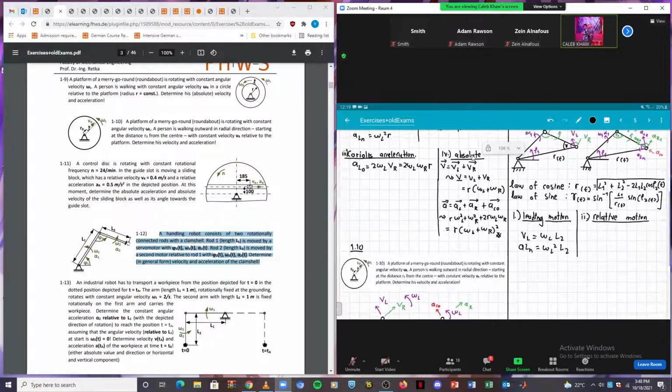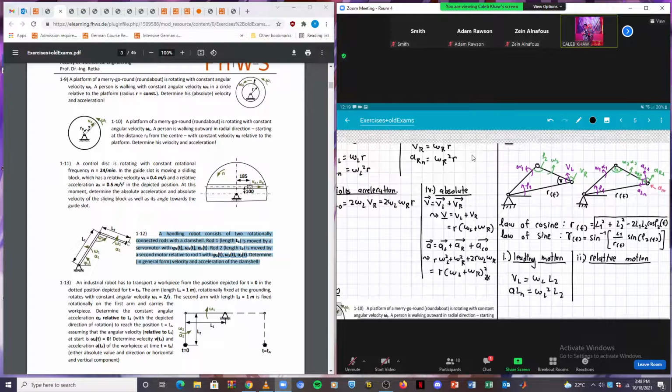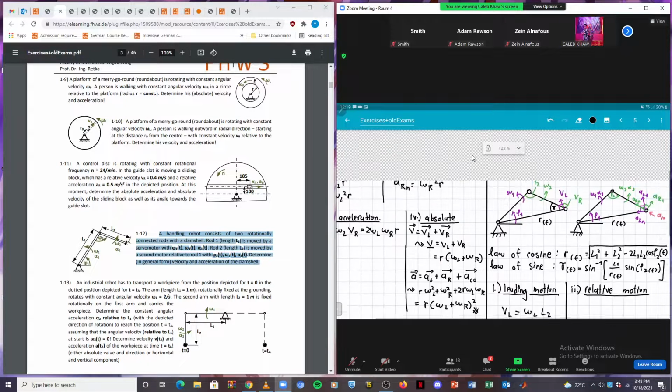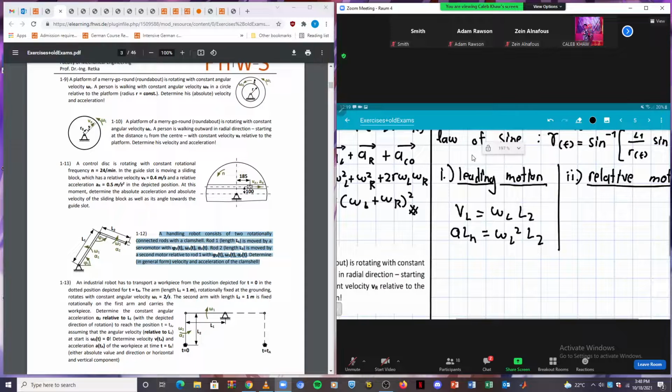Anyone have any ideas for the relative motion? Can you repeat your question, please? Anybody have any ideas for relative motion? VL is omega 1. I wanted to write omega 2 actually.